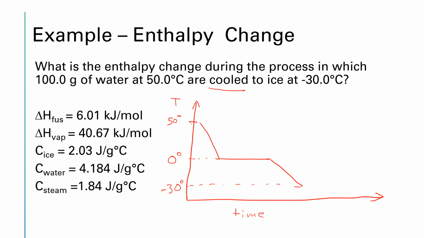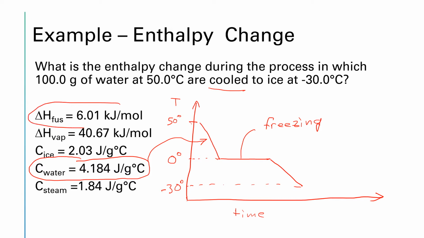For that, we're going to need the specific heat of liquid water, which is 4.184 joules per gram per degree C. That's the constant we're going to use for Q equals mc delta T. For this horizontal plateau, this is where we have freezing taking place, and so we're going to need the delta H of fusion, which is 6.01 kilojoules per mole.